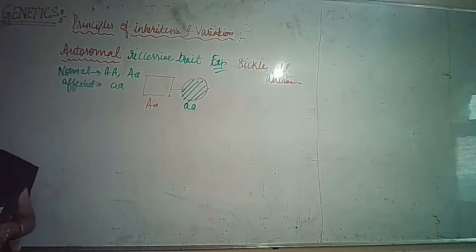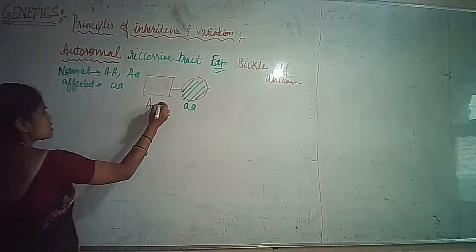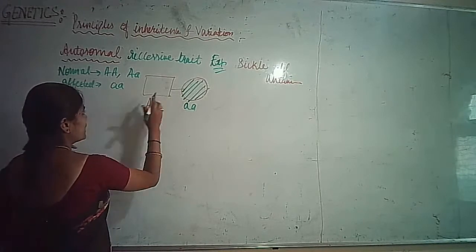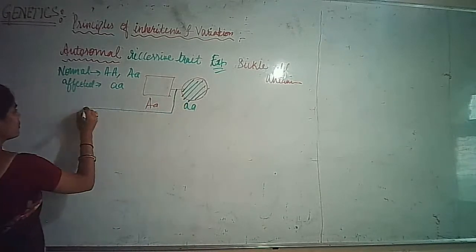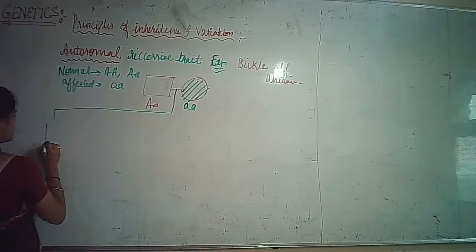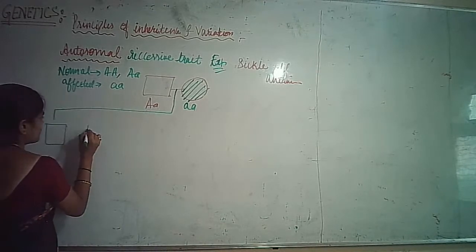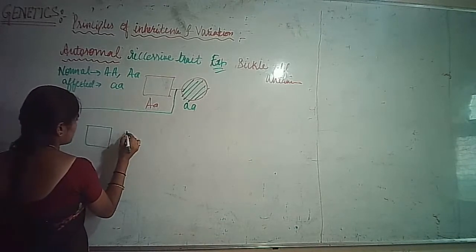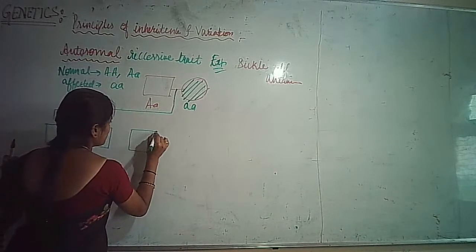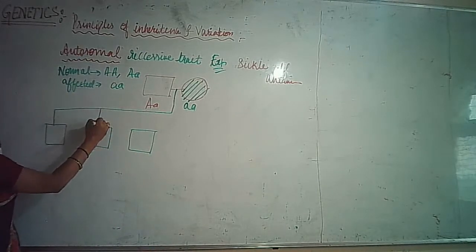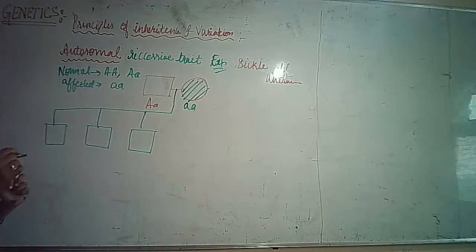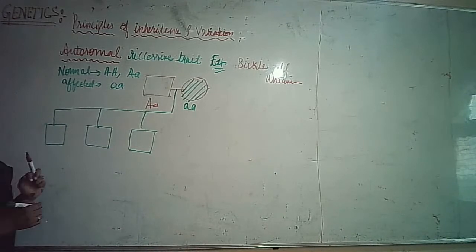Okay. So what will be the possibility of the offspring, beta? Shall we check here for the possibility of the offspring? We can check here. Okay, so we are able to see here the possibilities.